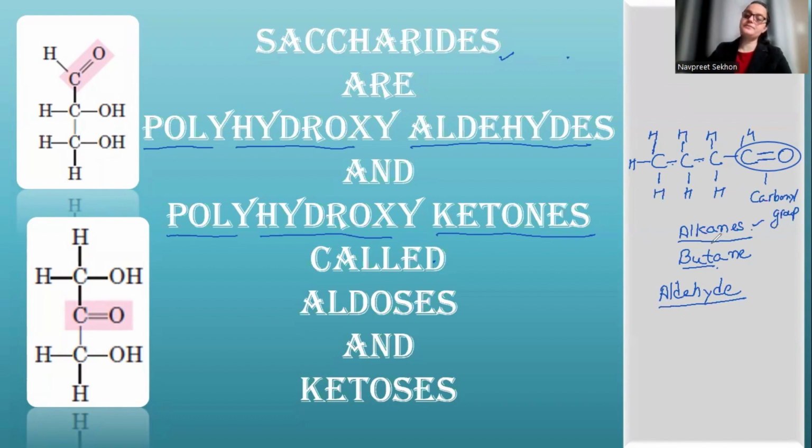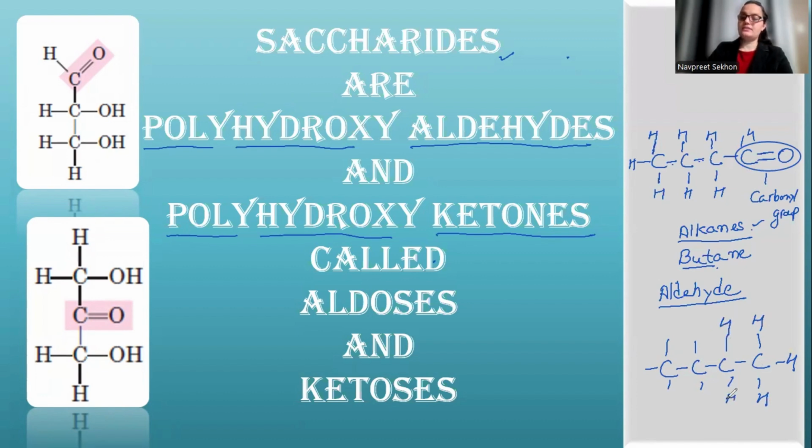This becomes aldehyde. Now, similarly, let's make another chain, again made up of four carbons, with all their valencies satisfied by the hydrogens. So we are again starting from the very basic hydrocarbon, which is alkane.